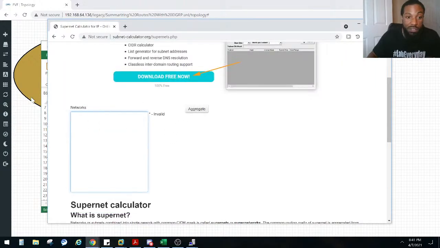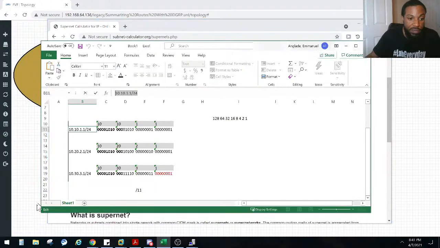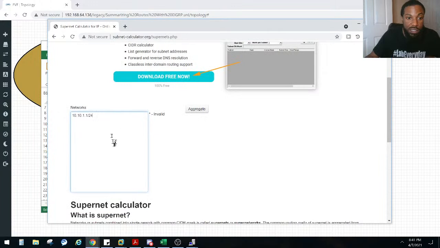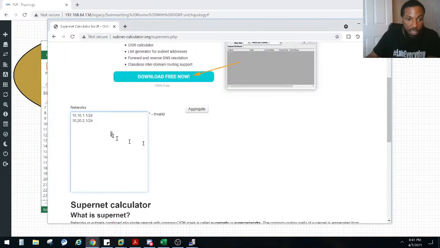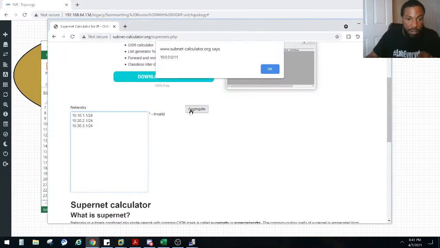So let's erase these bad boys. That one right there, which is this one, and then this one right here. Enter, click aggregate, and he tells us that's the subnet right there: 10.0 network /11, and that's how I came up with that 11.